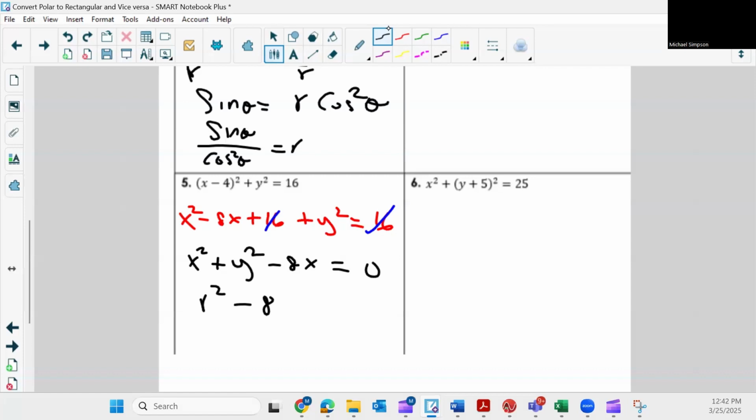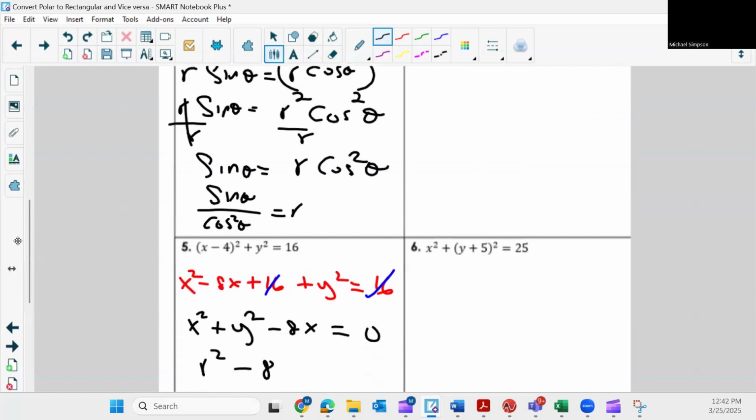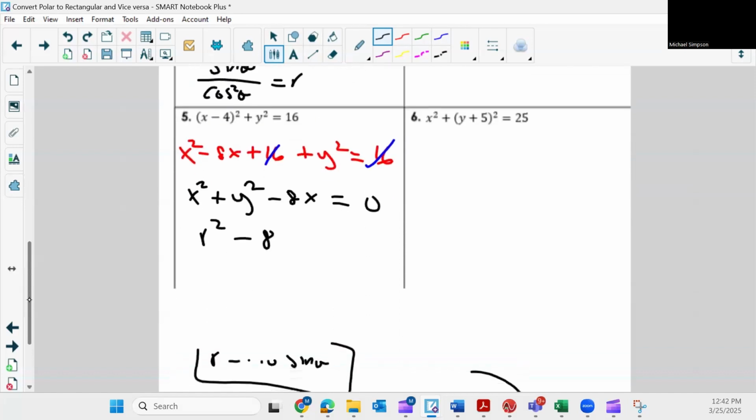What is x equal to? No, x. Yes, you do. It's in your packet. I told you. Say it again. I can replace x with r cosine theta is equal to 0.